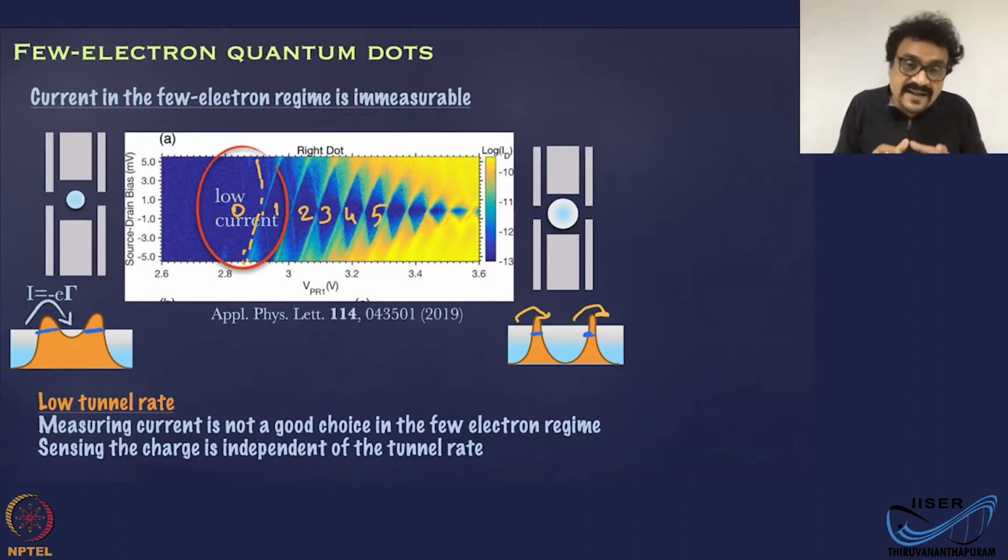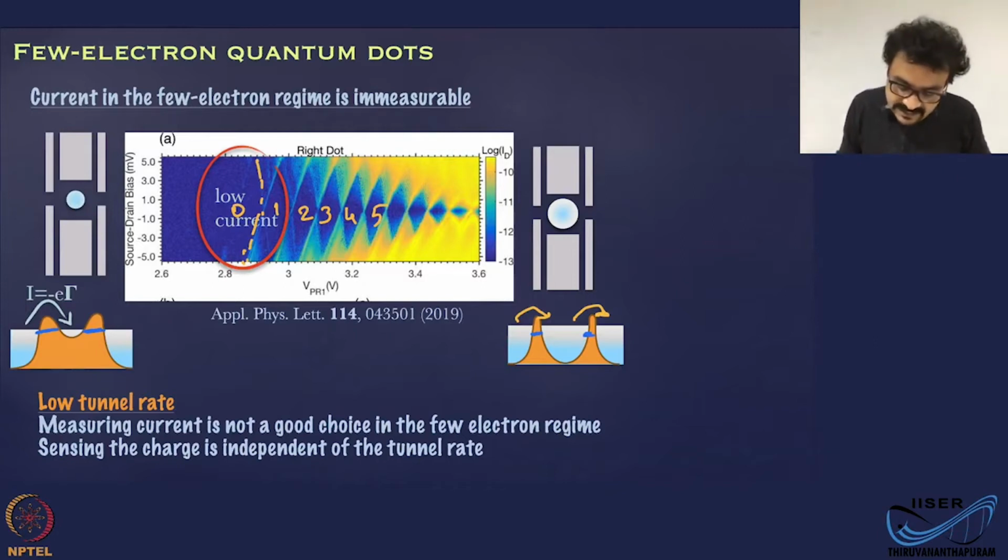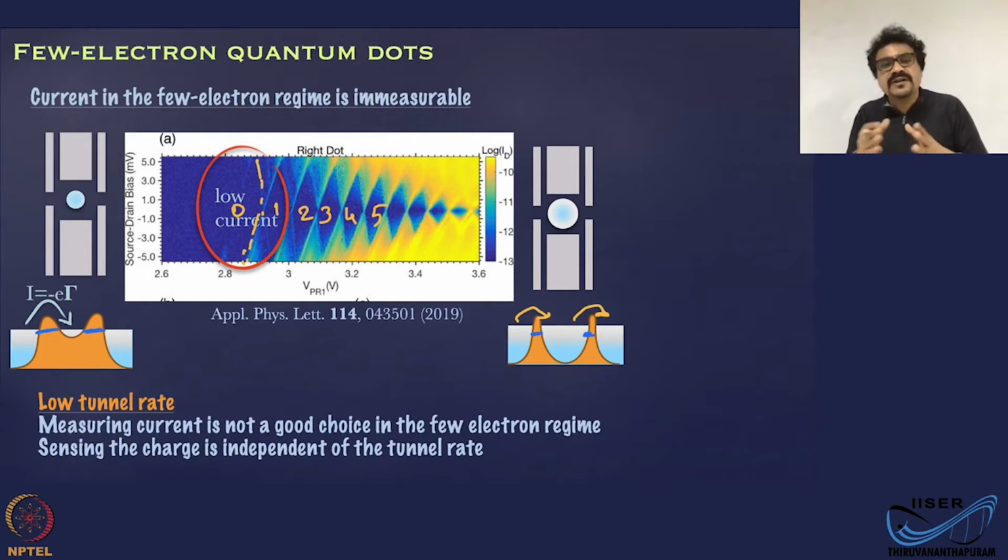So there is no guarantee that the dot is empty in this region. The current being low, or you cannot measure the current, doesn't mean that the dot is empty. The tunnel rate could be very, very low, so that the current is much lower than what you can measure with your current preamplifier.